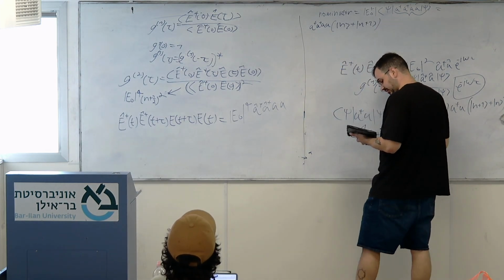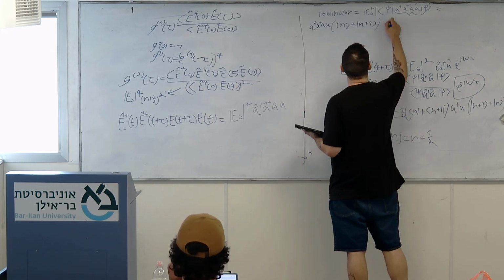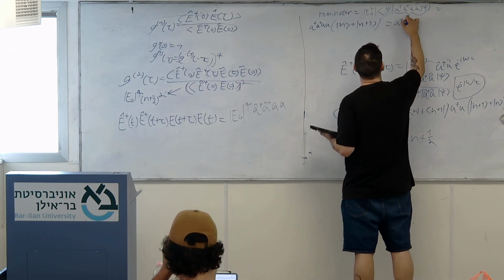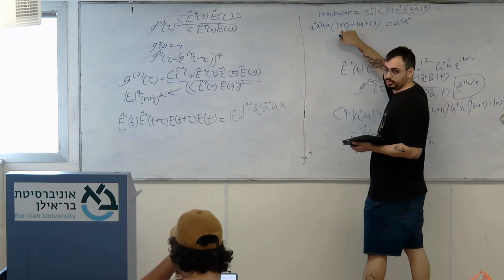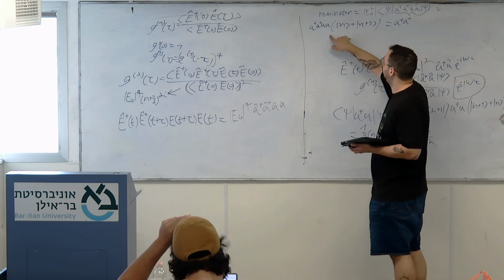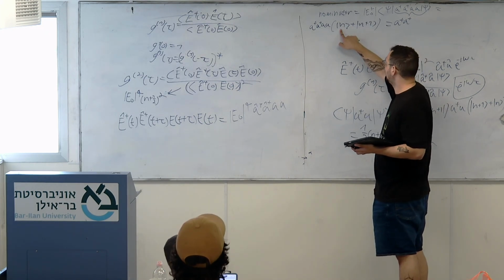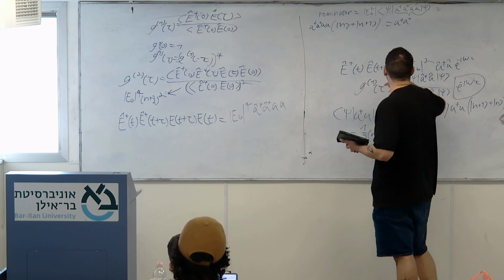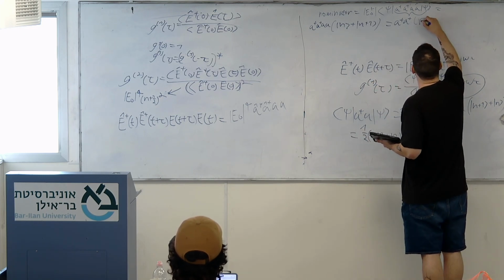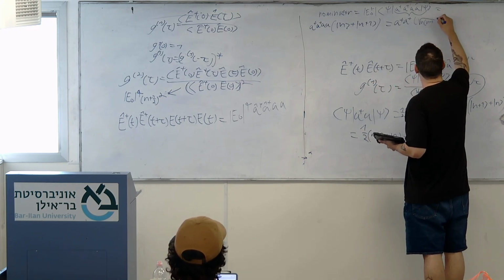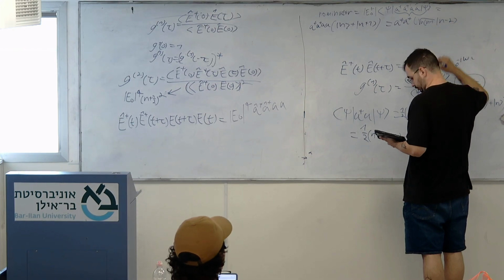Trust me. So let's start with the annihilation operator. This will reduce it by 1 and give the square root of n, then reduce it by 1 again and give the square root of n minus 1, so the square root of n minus 1, n minus 2.